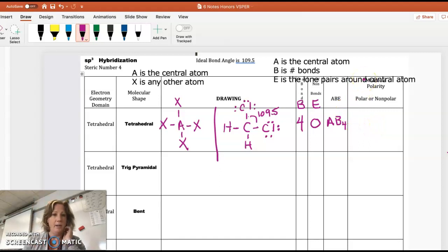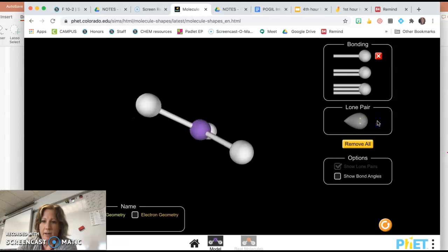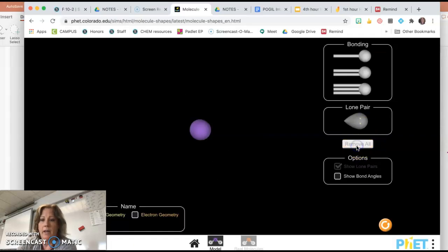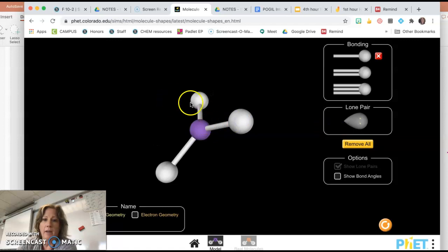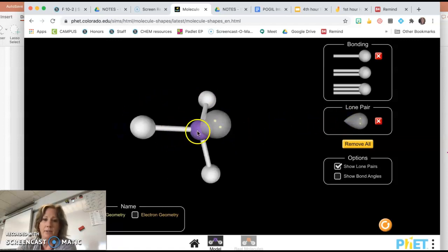So let me show you another type of Sp3 hybridization. The next shape that we're going to cover is also Sp3 hybridization. So you're going to have 4 bonding areas, 1, 2, 3 bonds this time, but we're not going to have a 4th bond, but those electrons are going to be unbonded around the central atom.